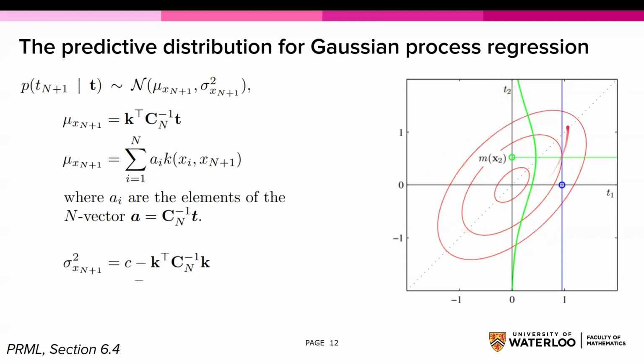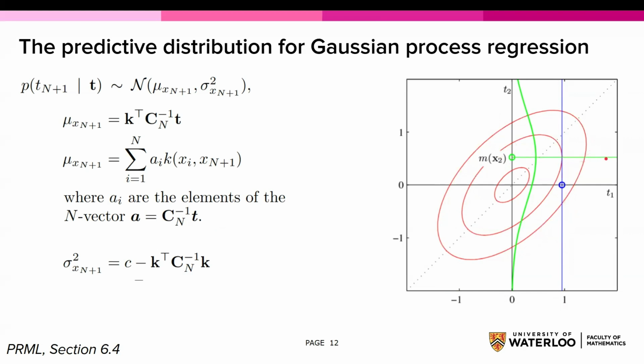When we condition this joint distribution on a single training data point, the value of T1, which is represented by this vertical blue line here, we're looking at the distribution over T2 for a particular value of T1. And so we're effectively looking at a slice of the joint distribution at this particular value of T1. Along this blue line, the conditional distribution is going to follow this green curve, and that's going to have a mean value of the mean of x2.